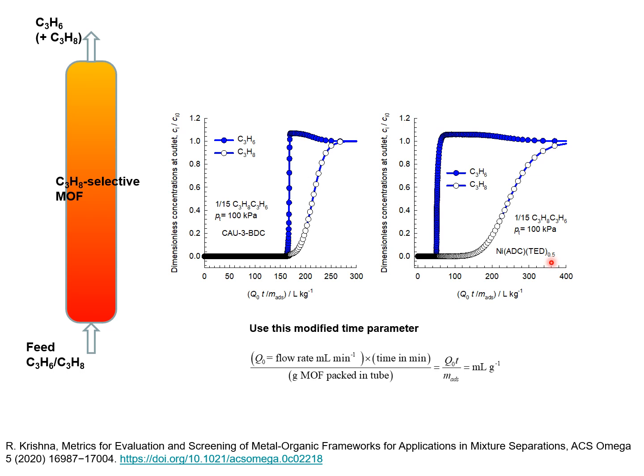The overall message that emerges from this video is that for comparison of MOFs for separation of propylene-propane mixtures that are selective to propane, firstly, we should use IAST calculation of the separation potential, delta Q, as I mentioned earlier.